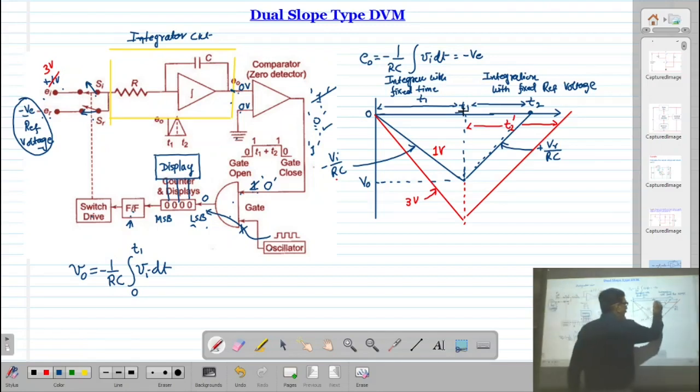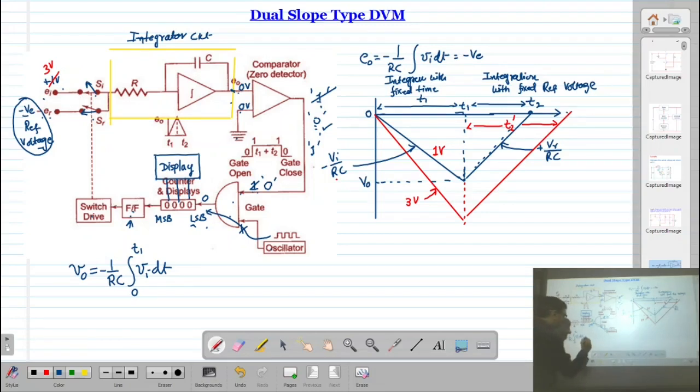Then we are integrating from t1 to t2 with the reference voltage. So plus, here we have minus 1 upon RC integration from t1 to t2, but it is integrated with the reference voltage. This reference voltage is negative. So we can write that this is equal to minus 1 upon RC.